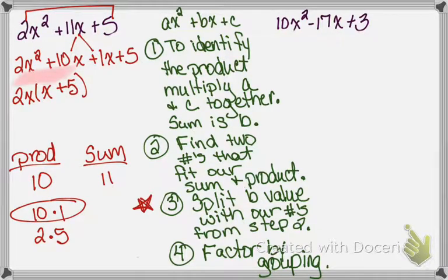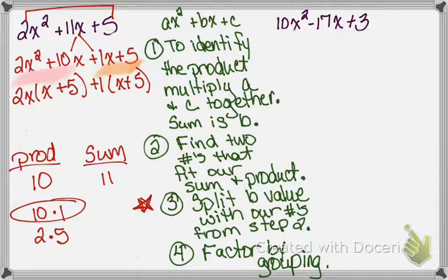Okay, now I want to look at these 2 right here. 1x plus 5. At first glance, what do we notice? What can I take out of both of those? It's just the 1. Now, sometimes students will say, well, nothing, but it's not nothing. It is 1. Okay? So you pull a 1 out of here. And that's super important that we pull that 1 out. So I have plus 1.